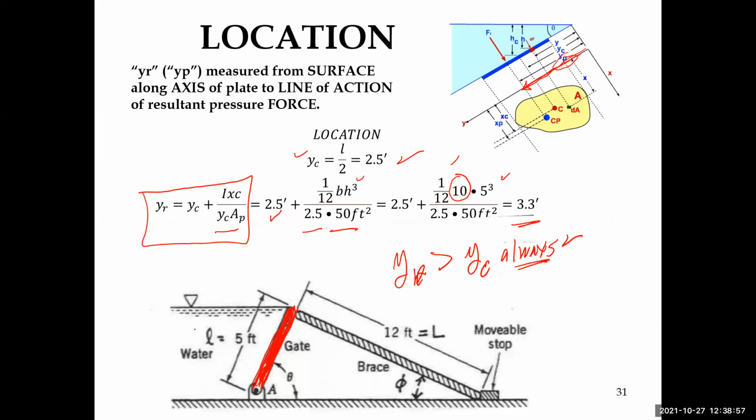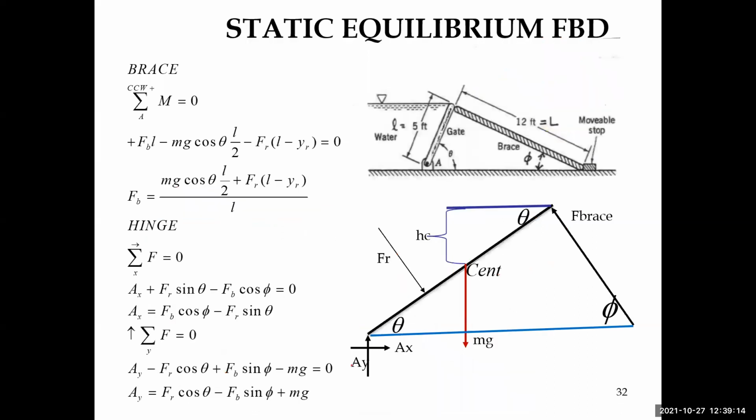So I have this force that's acting on this gate. It's a value of F sub R, and this is some distance Y sub R. So now I know the location of F sub R. I know this distance here. I know the value of Y sub R. And I know the value of Y sub C.